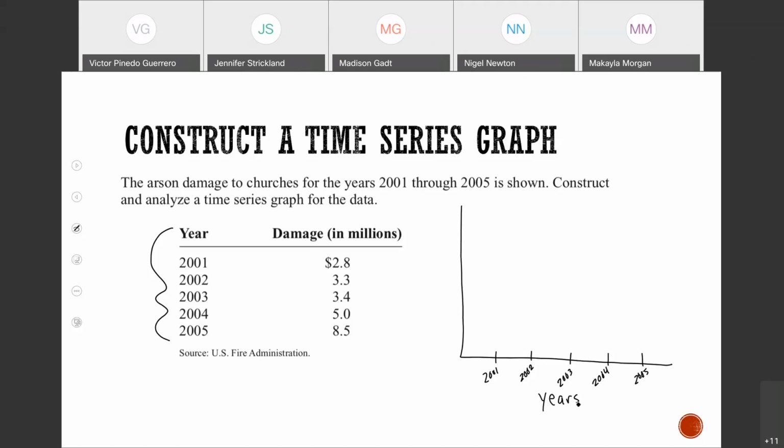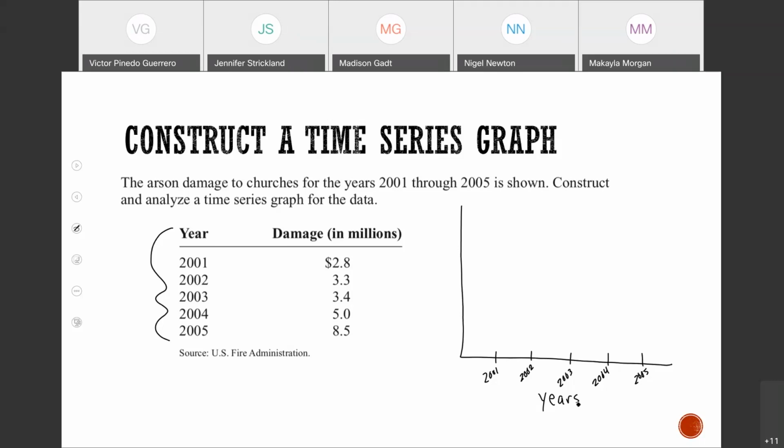All right, so if we look at our damage, remember the x-axis has to have the time, and then whatever else you have is going to go on the y. So we're looking at the damage. It goes from about 2.8 up to 8.5, so maybe up to a 9.